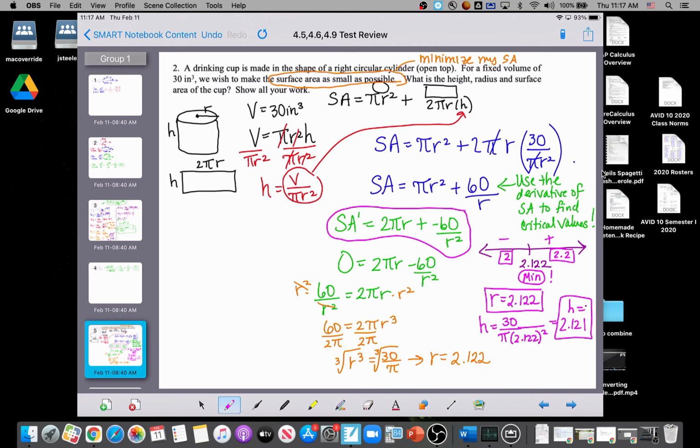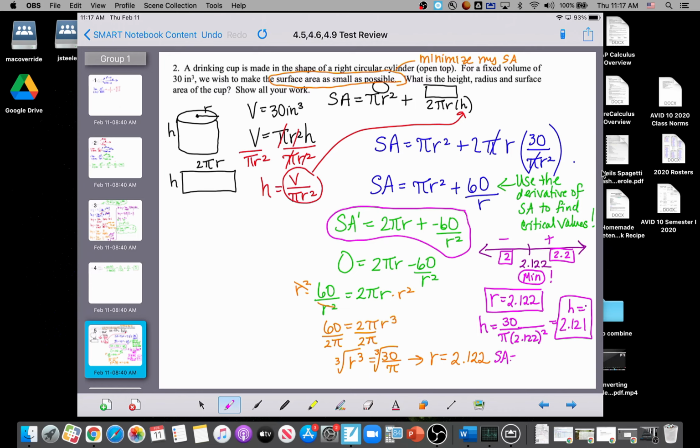So that is the height that is going to give me the minimum surface area. And then finally, what would the surface area of this cup be? Well, I just need to plug my R and my H into my surface area equation.